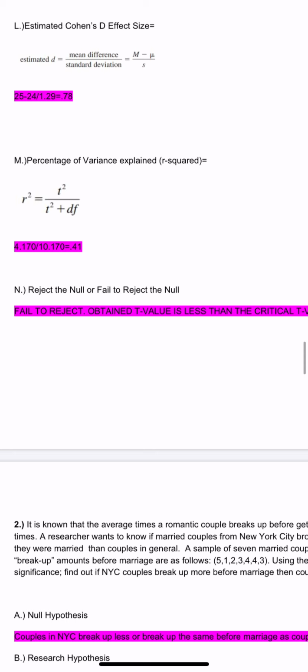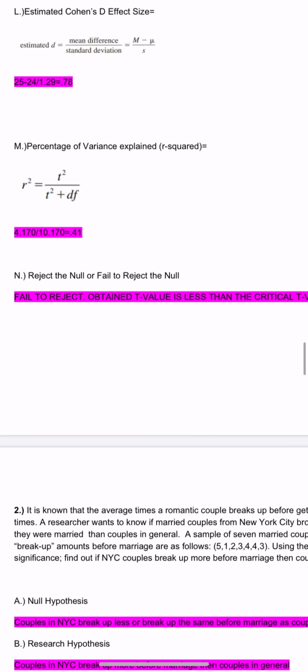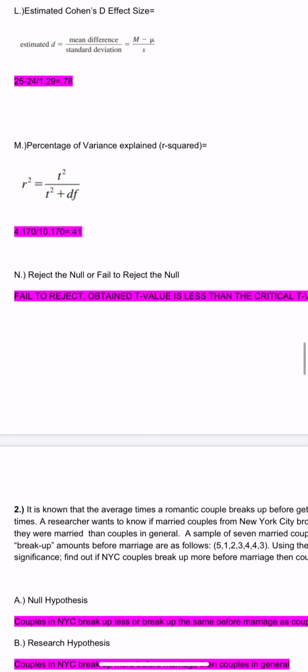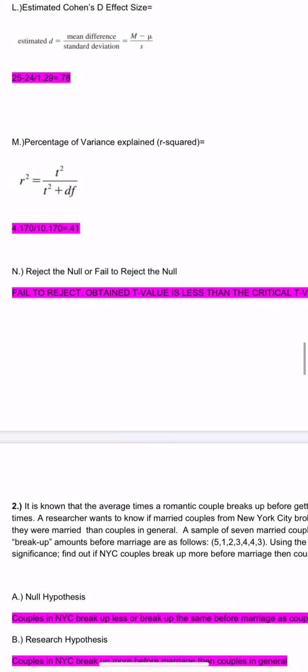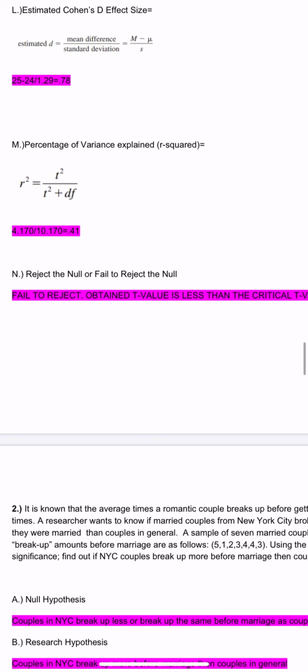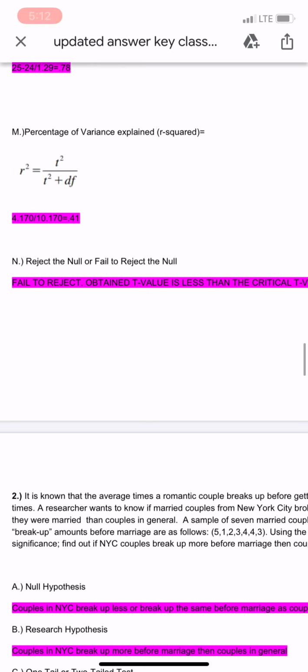To get R squared, you just take t squared divided by t squared plus DF. And remember that t squared is your obtained t value, not the critical t value. And remember, t values are always rounded to the third decimal point, because if you look at the t table, they're all to 3 decimal points. You plug it in, and that's how you get it.